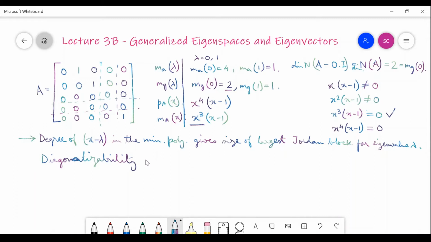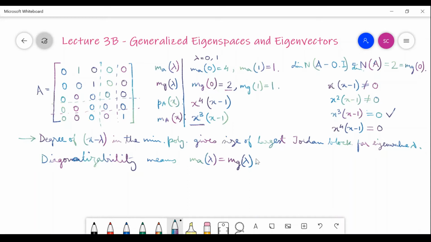Diagonalizability means that ma of lambda equals mg of lambda, then it is completely diagonalizable. You can go back and look into the examples for the diagonal matrices. When we made the diagonalization, everywhere you would see that the algebraic multiplicity is 1 as well as the geometric multiplicity is 1.